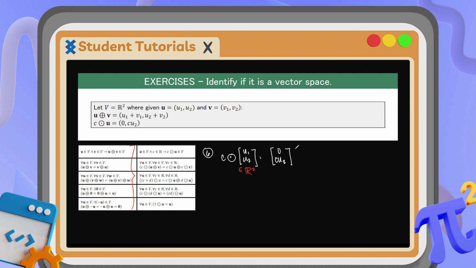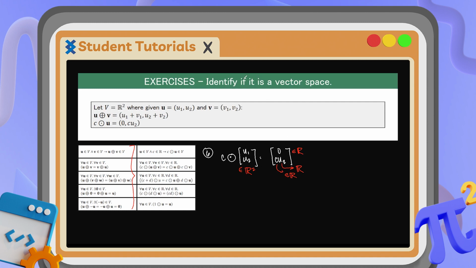Here 0 is a real number, our scalar c is a real number, and our element u sub 2 is a real number as well. Meaning, if we multiply two real numbers, we also get a real number.